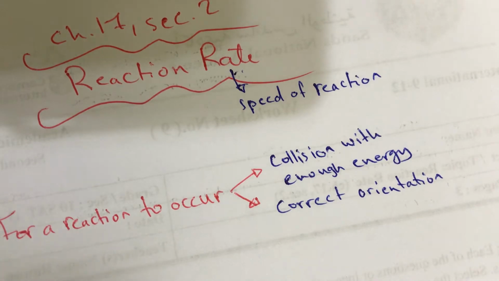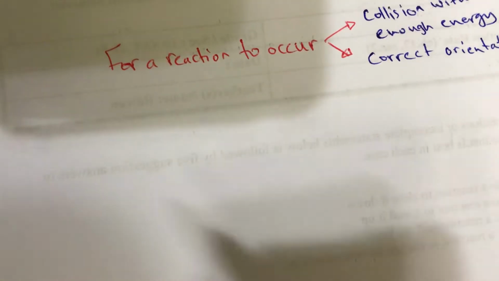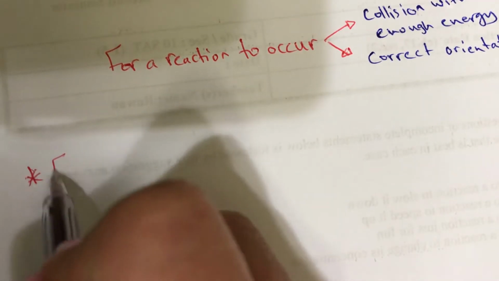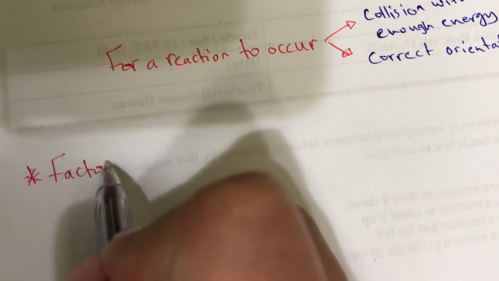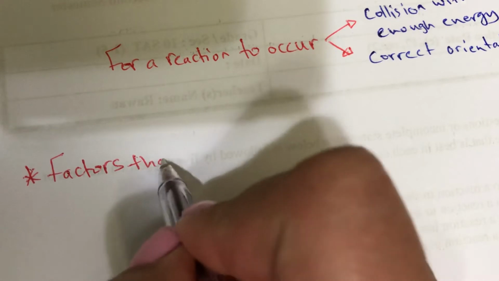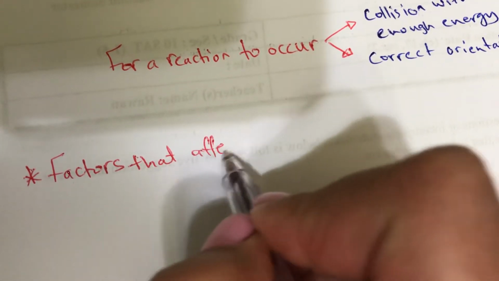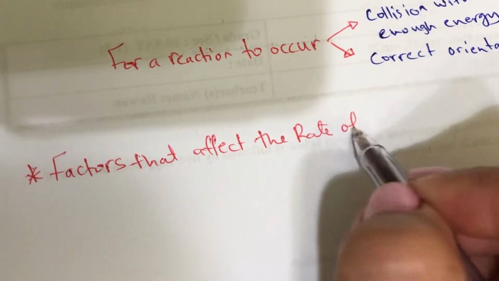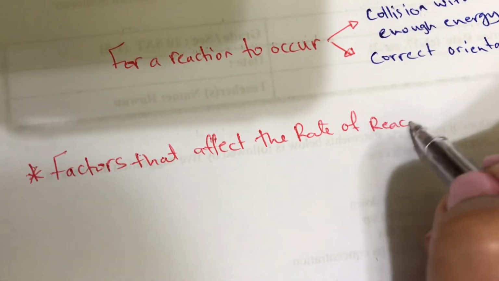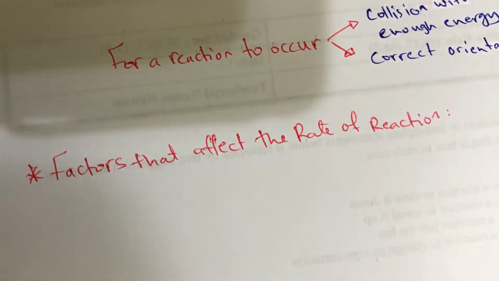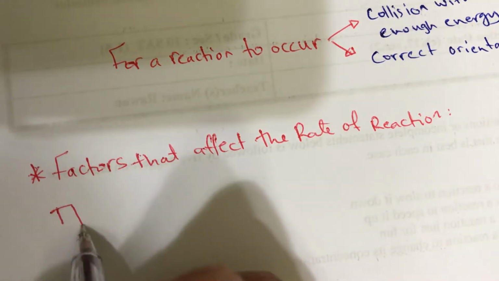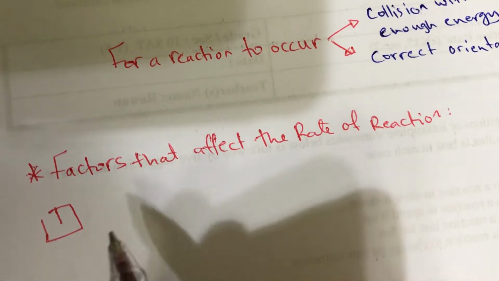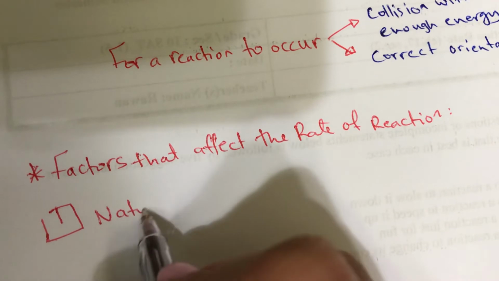So what are the factors that affect the reaction rate? So here, factors that affect the rate of reaction. The first factor is nature of substance.